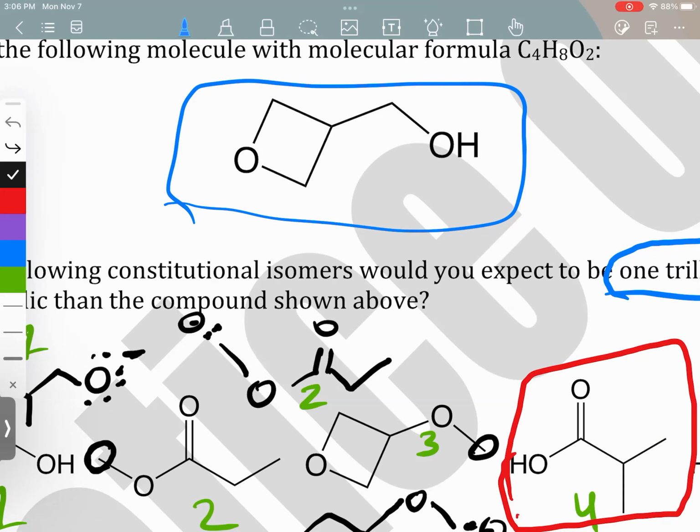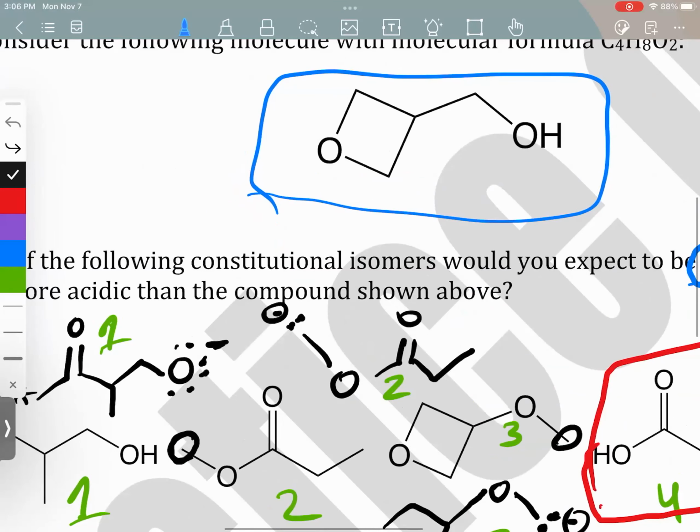So remember the pattern of resonance is if you have, let's say, a radical, a carbocation, or this negatively charged, it has to be next to double bonds. What is next to it right now is a single bond and an oxygen. It's not too close. If it was closer to this, then you could resonate, but it's too far away from that double bond, so it cannot resonate.